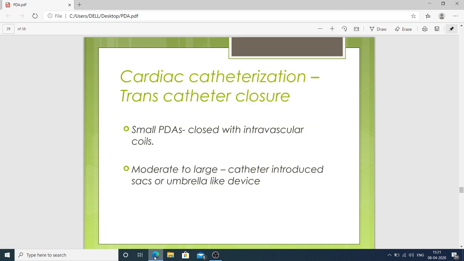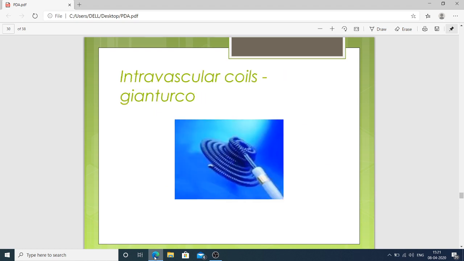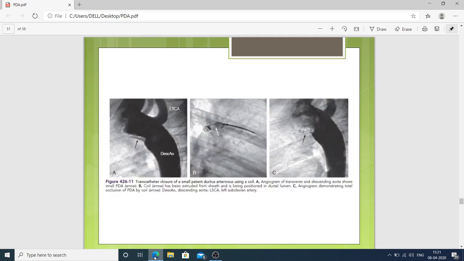Then cardiac catheterization, transcatheter closure: small PDAs are closed with intravascular coils; for moderate to large, a catheter introduces sacs or umbrella-like devices. This is also a device, intravascular coils, Gianturco. It's helpful to close the PDA.